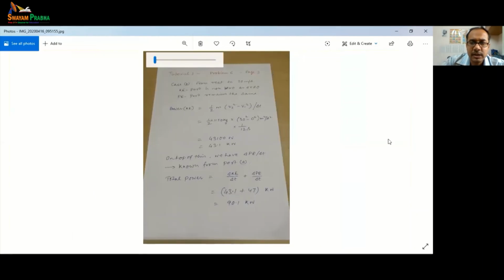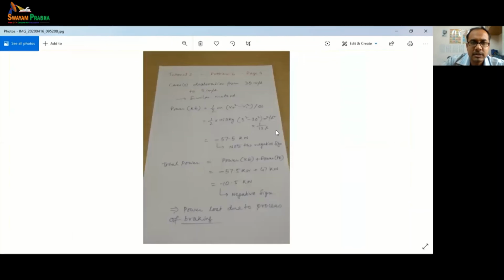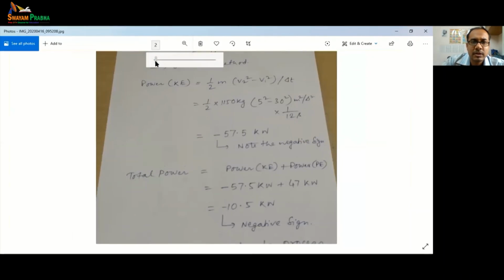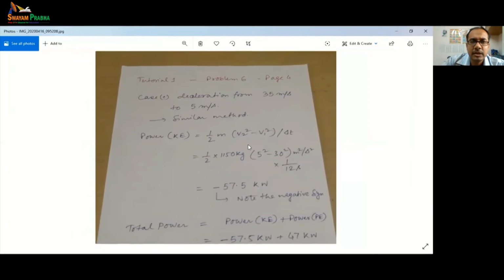Now let's look at the third case. In the third case, what we have is similar, but now instead of acceleration we have deceleration from 35 meters per second to 5 meters per second. Similar method we are going to use.